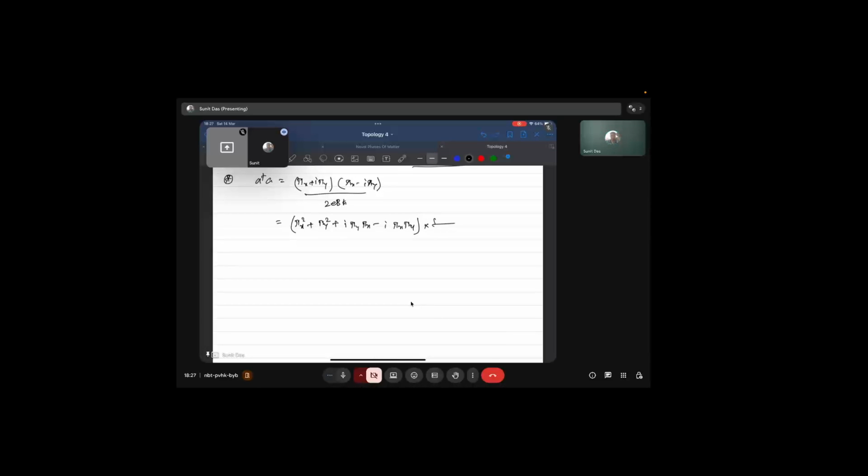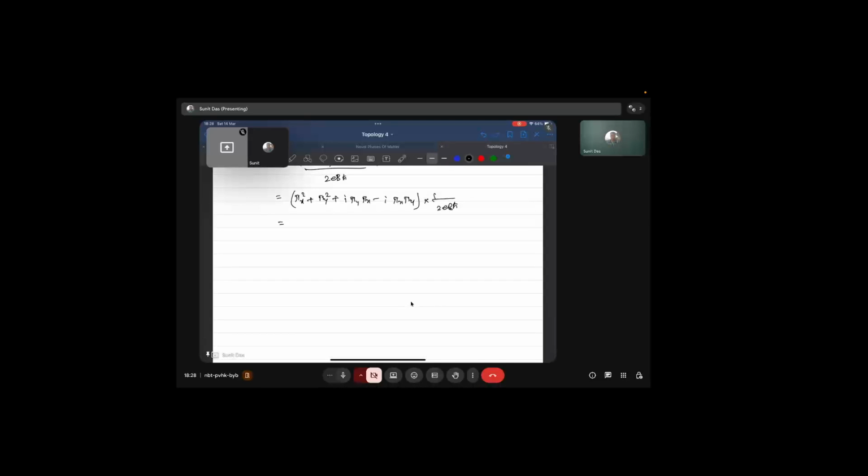And then this extra factor. So then this we can write as pi x square plus pi y square, and then plus i pi y pi x, right? So this is the commutator, and then this factor.